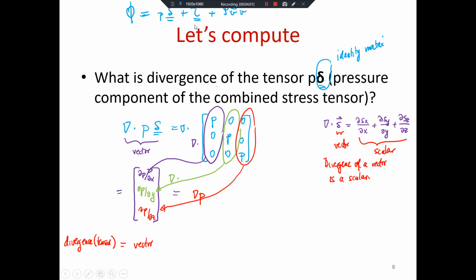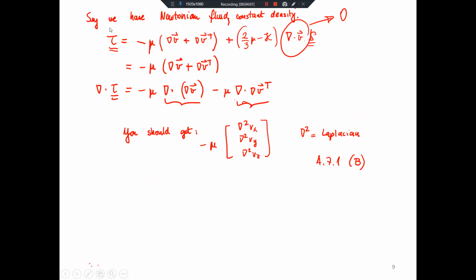Now I'm wondering, what is the divergence of tau? For that, I need the definition of a fluid. If I take a Newtonian fluid with constant density, then my constant density incompressible fluid dictates that the divergence of V is 0.